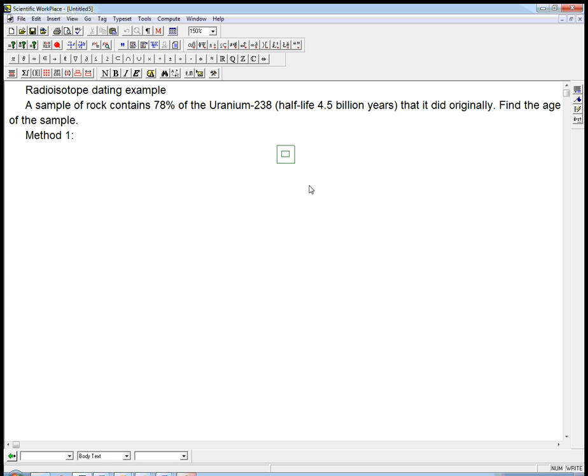Probably the most direct way is to write down the equation for radioactive decay in terms of the half-life directly. So you take a certain amount, A naught, the original amount, and then you multiply it by 1/2 repeatedly. Well, how many times should you multiply it by 1/2?